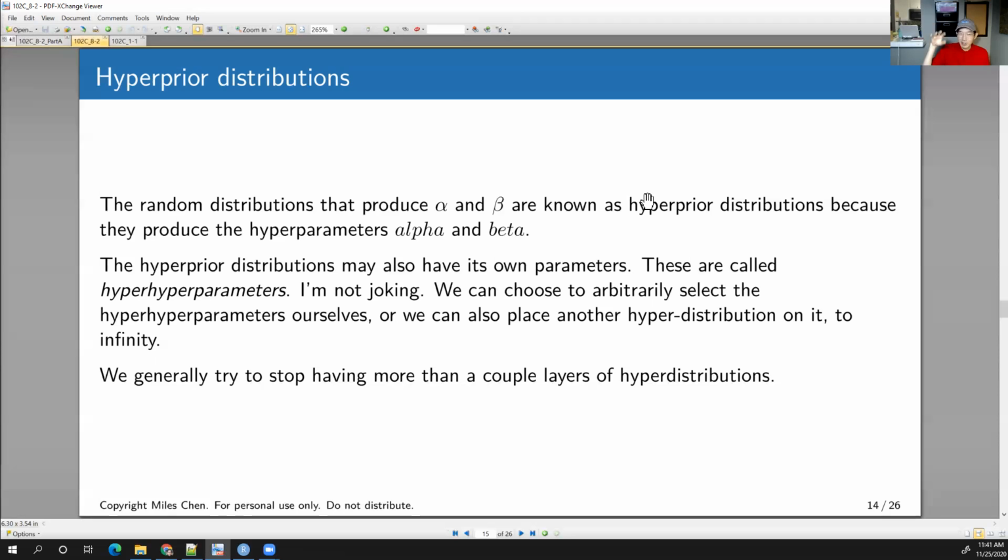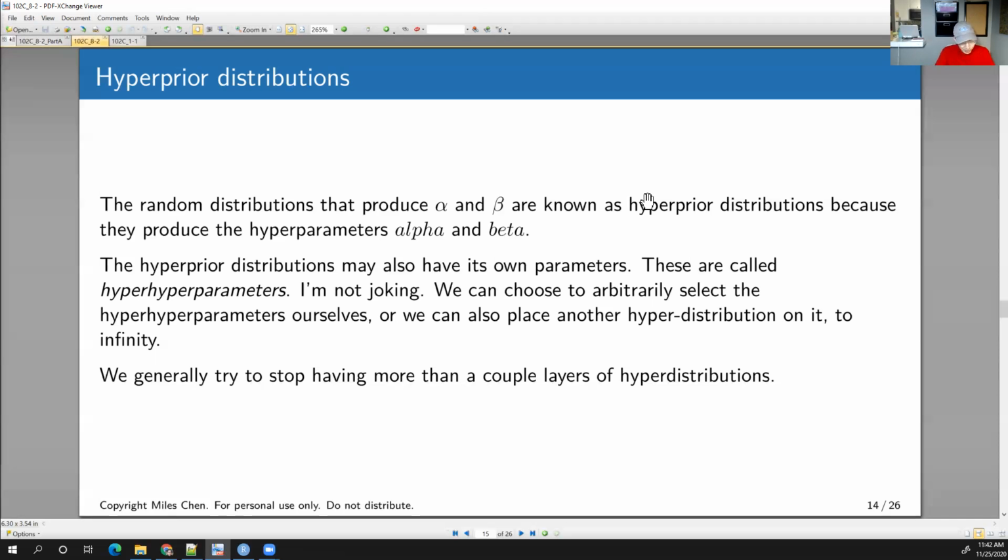Generally, when you get to the hyperparameter level, you can choose these arbitrarily. Or if you want, you can also put another hyper distribution on top of that, with its own hyperprior and hyperparameters and things like that. And it can go on to infinity.